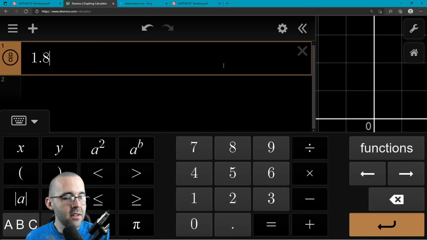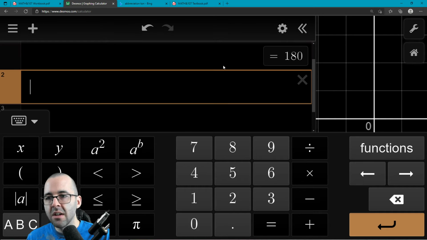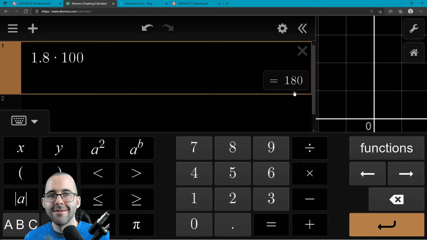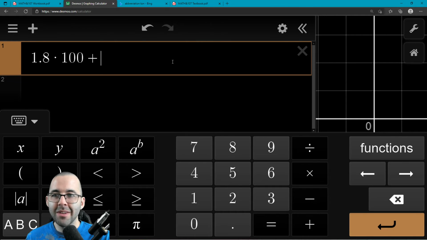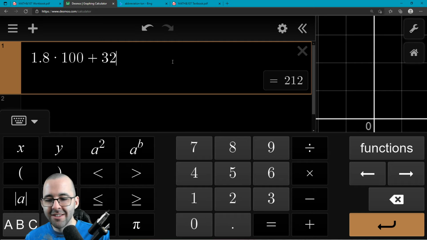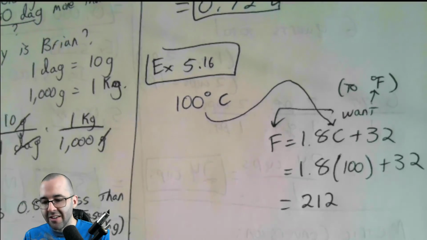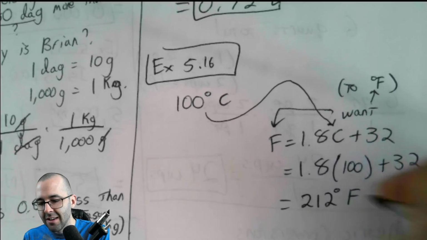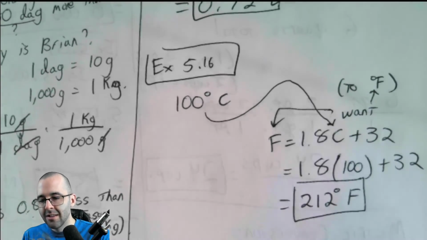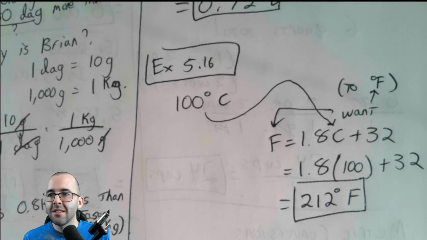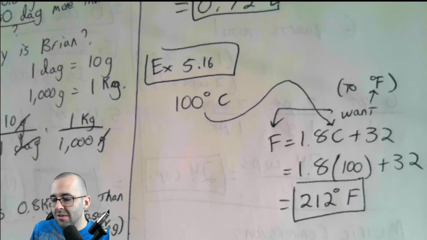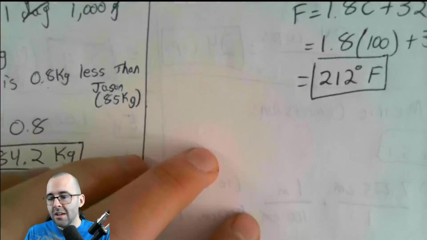We have 1.8 times 100 plus 32, which is 212. So 100 degrees Celsius is 212 degrees Fahrenheit. And that's all there is to it. Find out which formula you have to use, plug in the number, use a calculator.